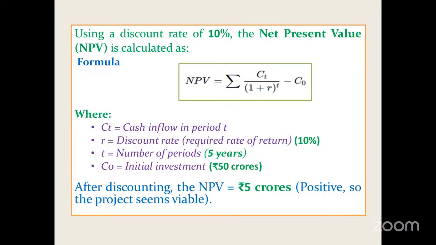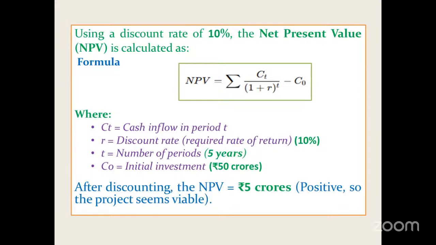CT is the cash inflow in period T, and R is the discount rate, the required rate of return, that is, how much we want, maybe 10%, 12%, 30%.